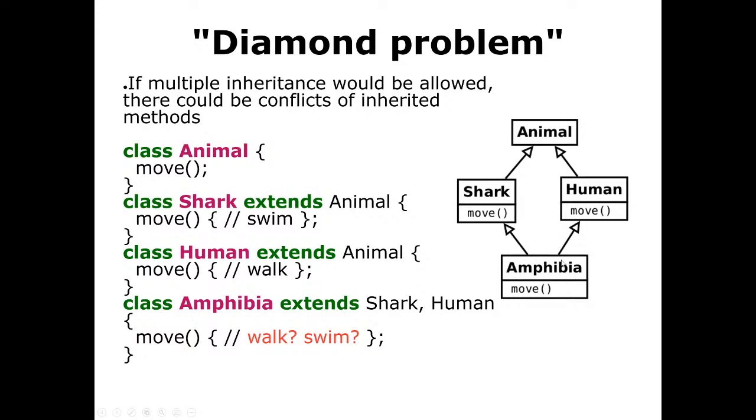The problem is the main reason why multiple inheritance is not allowed in Java. Yes, there's no option for multiple inheritance in Java. Is that, for example, if you have the same attributes or the same methods in class shark and class human, right?